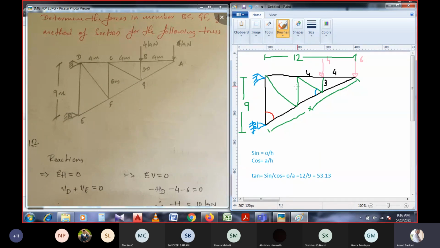Again it is 4 meter, it is 6 meter, and again it is 4 meter. So how do you calculate the angle of this one?